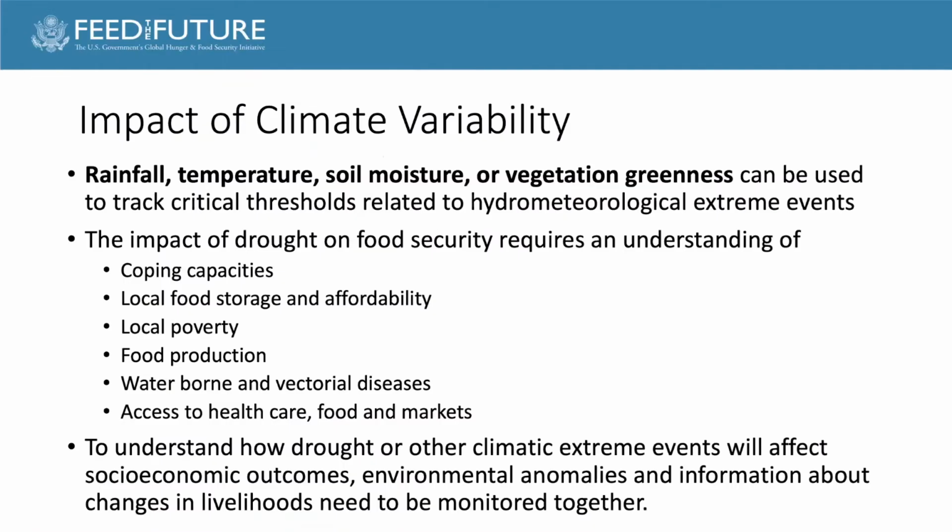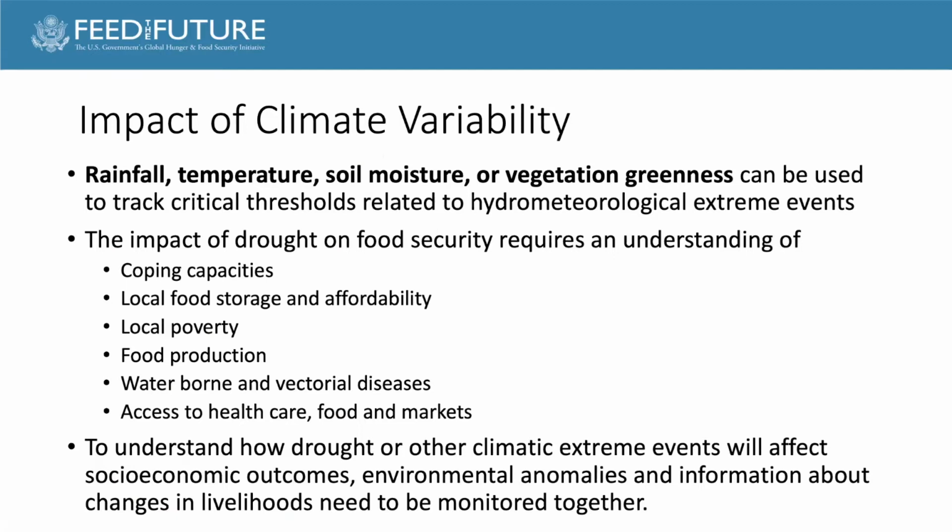The impact of climate variability can be measured on these various satellite derived products such as rainfall, temperature, soil moisture, and vegetation greenness. And these can be used to track critical thresholds, which are then related to the meteorology, which can then be shown to affect food security.